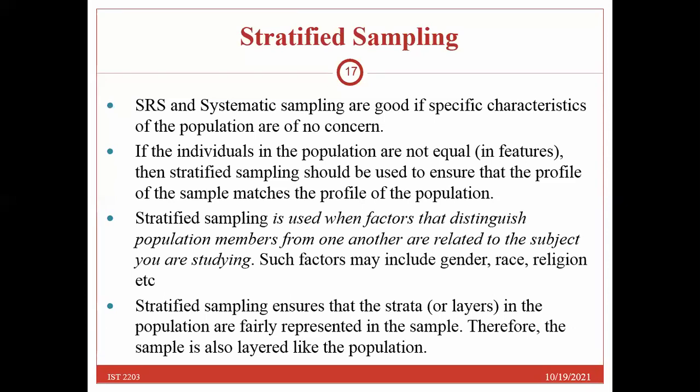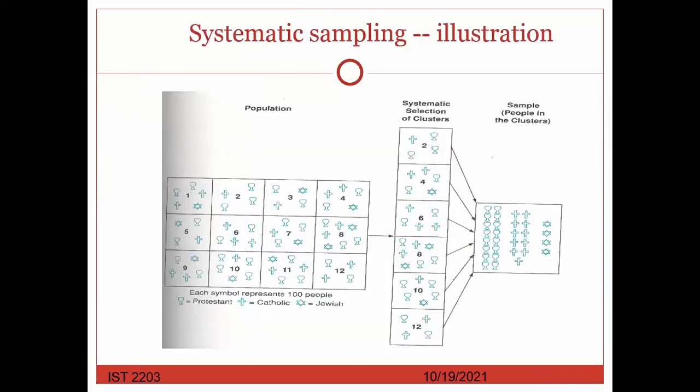If I'm just to go back to this slide here, where we used systematic sampling, finally, what we got here, this represents Protestants, you have more Protestants than Catholics and Jews. But you don't know if that is the true representation, whether overall in the population you have more Protestants.